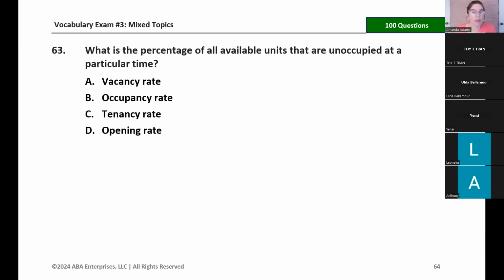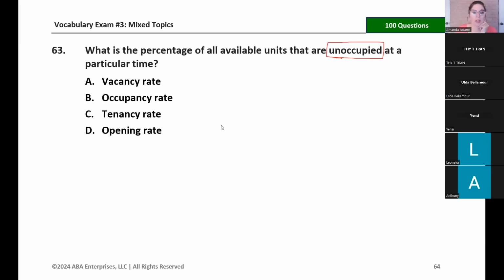Number 63, what is the percentage of all available units that are unoccupied at a particular time? Unoccupied. So how many units do you have available that are open and unrented.